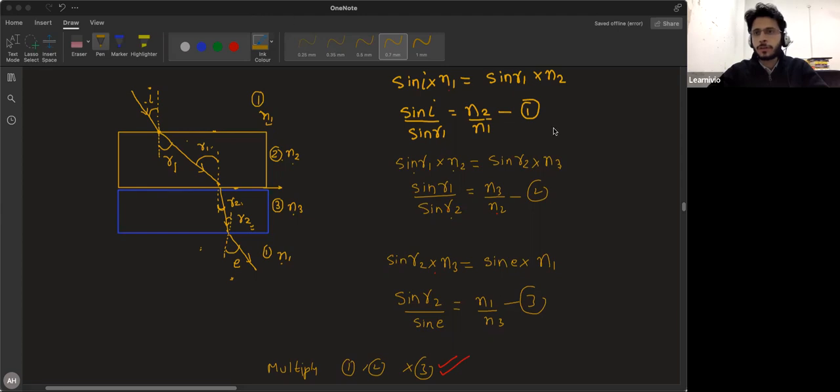Did you get any result on multiplying these three equations? Sir, I got one. 1. And the 1 is on the right hand side. And what is here on the left hand side? Sin I by sin E. Yeah, sin I by sin E. Not 0. It should be 1.